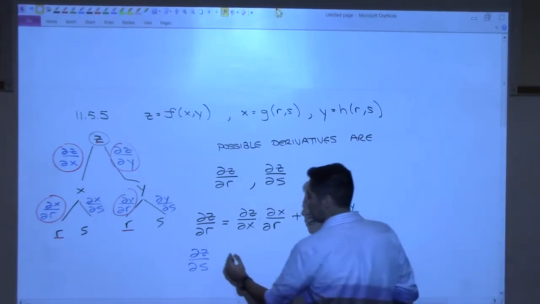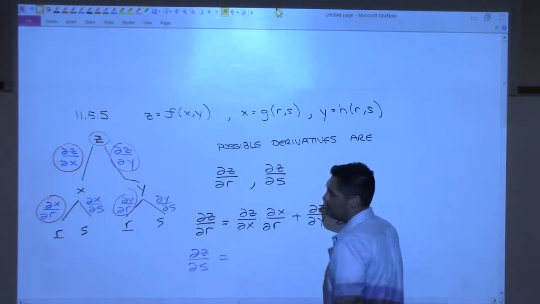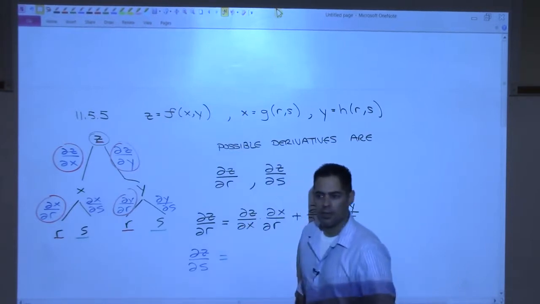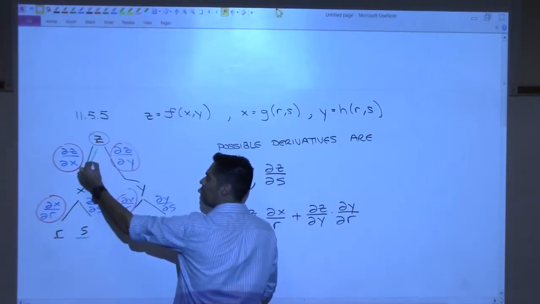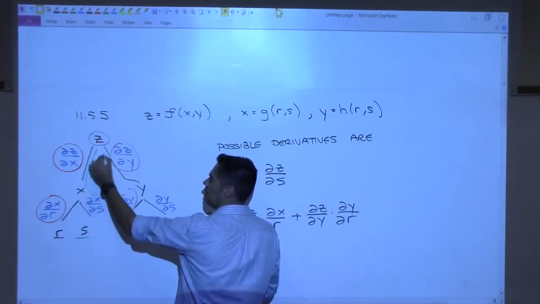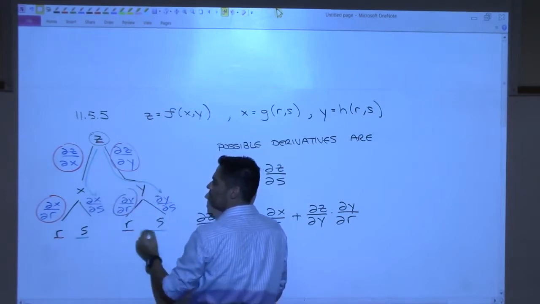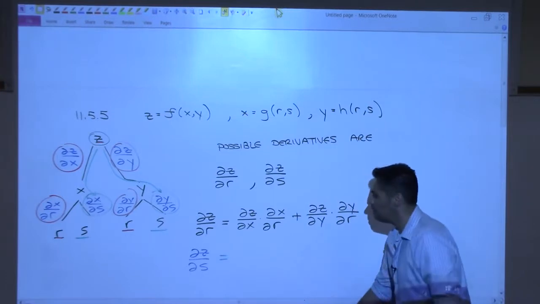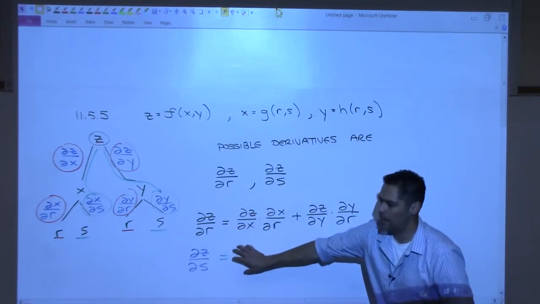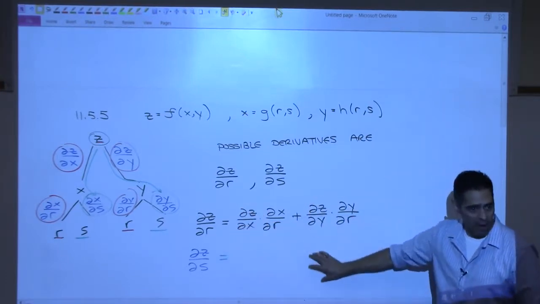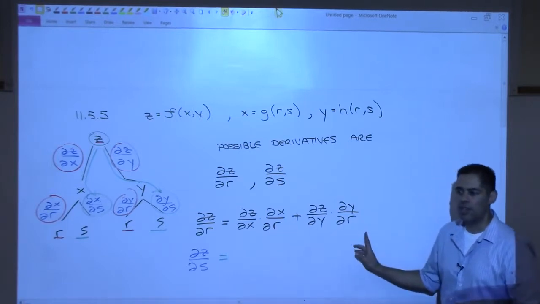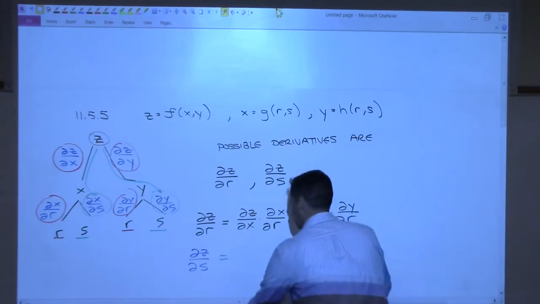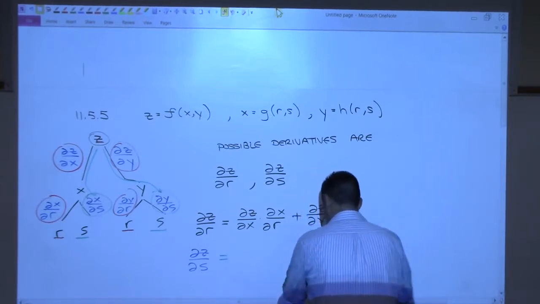Okay, so the only difference here is that we have to get down to the s's. So the path we take still starts here. We're going to come down here, and this time we're going to go down this side. The partial z with respect to x will still be there. The partial z with respect to y will still be there. These two pieces are going to change with respect to s. So, I'll do it in green.